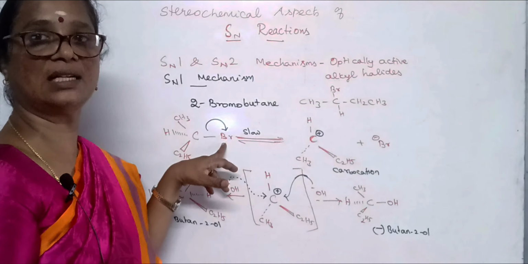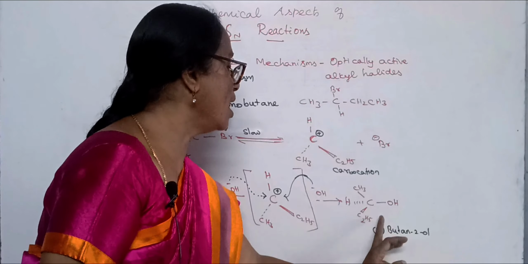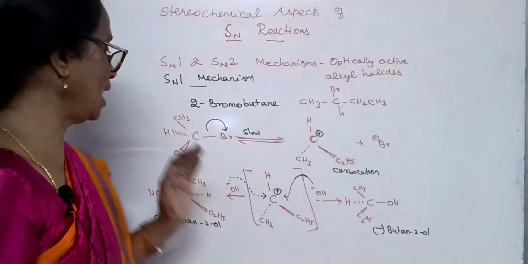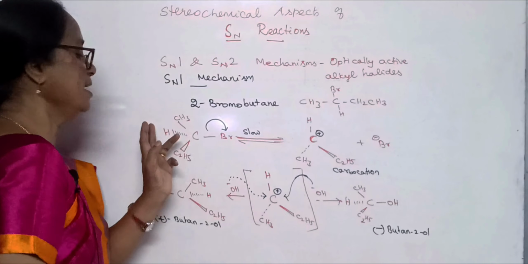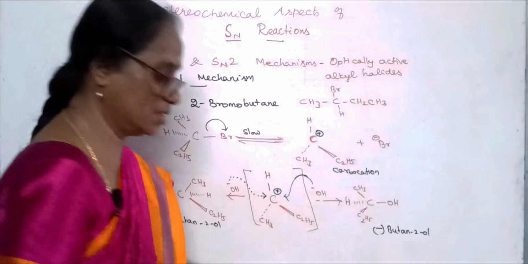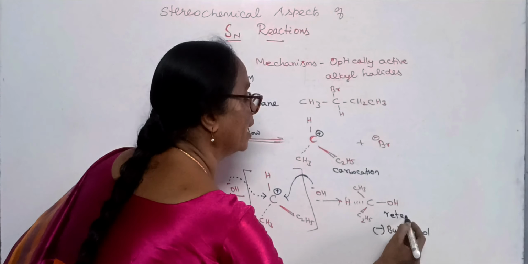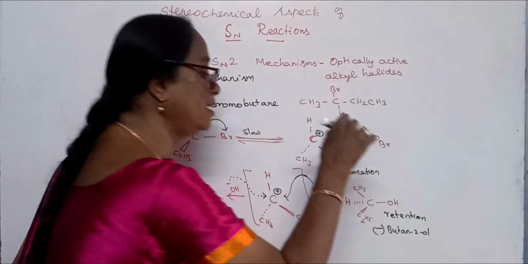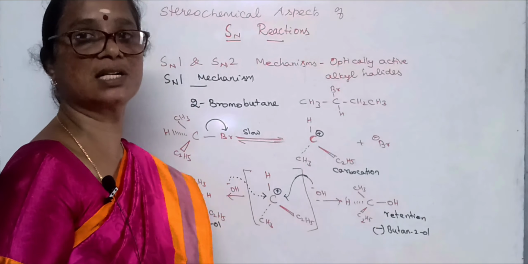So let us have this carbocation, in which suppose OH minus attacks the carbon on the same side as the halogen. We will get the compound of retention, because we may identify that in this molecule and the original molecule the spatial arrangements of the groups are similar. So this molecule gives rise to the product which retains its groups. That's why it is called retention.